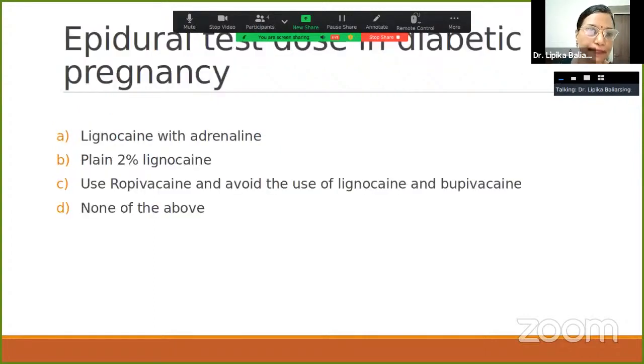Epidural test dose in diabetic pregnancy: A, lignocaine with adrenaline to be given, B, plain 2% lignocaine is to be given, C, use ropivacaine and avoid the use of lignocaine and bupivacaine, D, none of the above. The answer is C. We can use ropivacaine and avoid the use of lignocaine and bupivacaine.